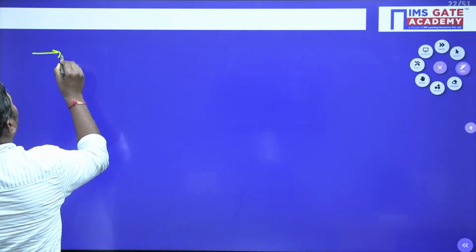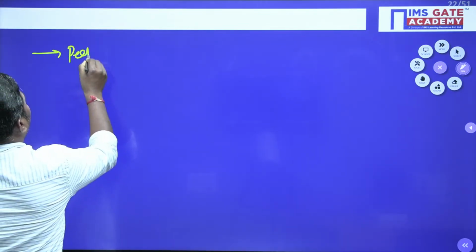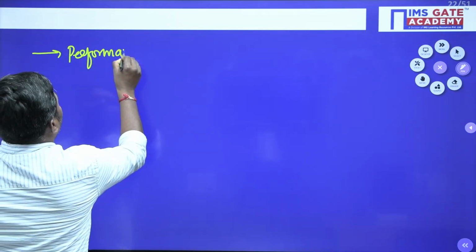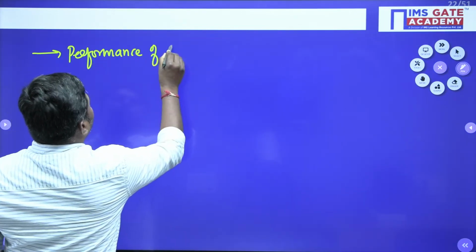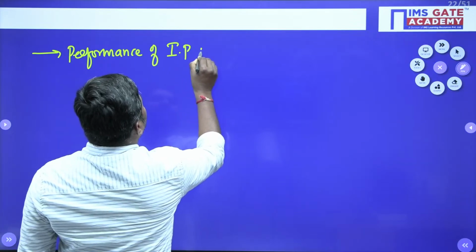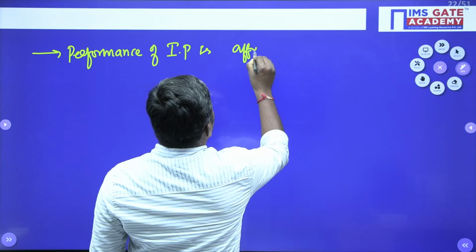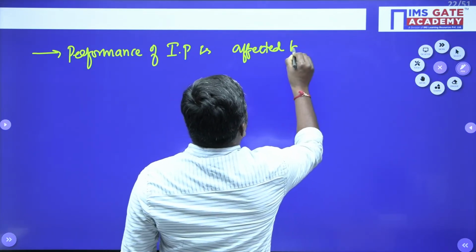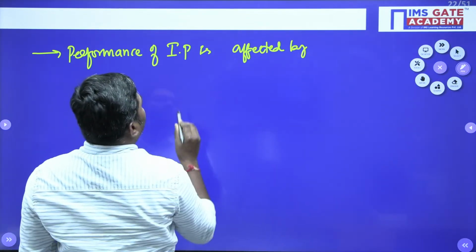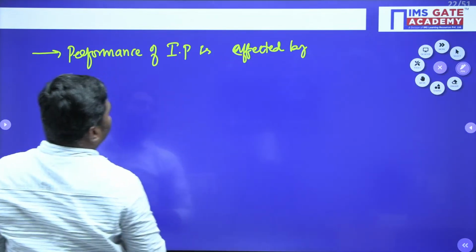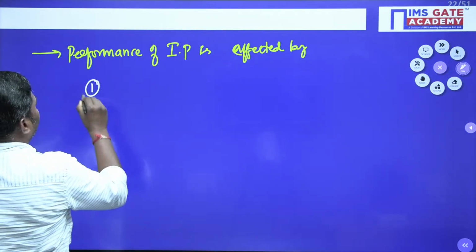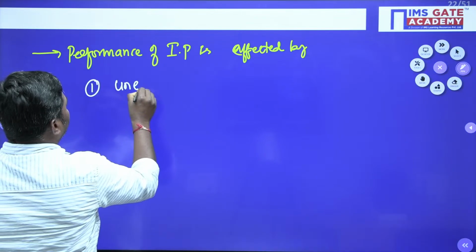One line you can write down. Performance of the instruction pipeline is affected by two reasons. One is uneven stage delays.